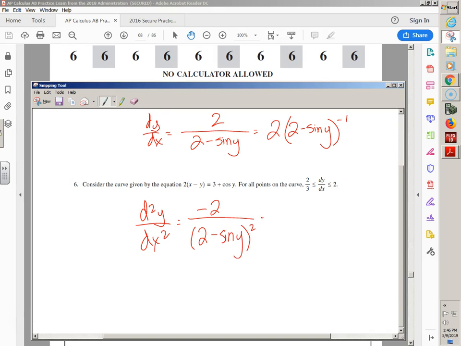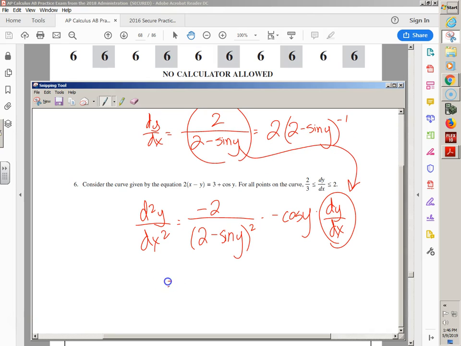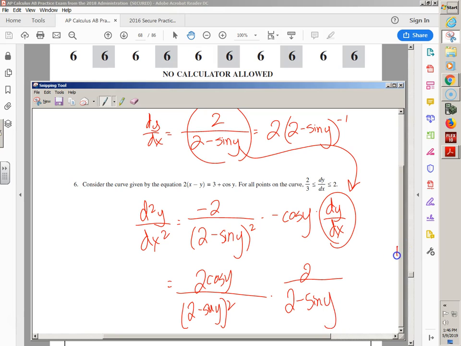The derivative of 2 is 0, derivative of negative sine is negative cosine of y, but don't forget your v prime. I still have dy dx, and I know who that is. So a negative times a negative is a positive: 2 cosine of y, all over 2 minus sine of y squared, times 2 over 2 minus sine of y for my second derivative.